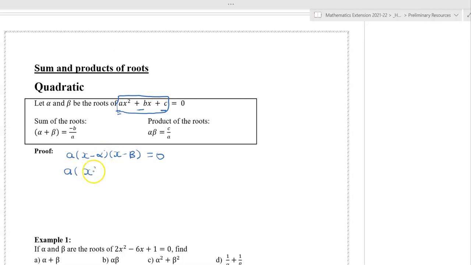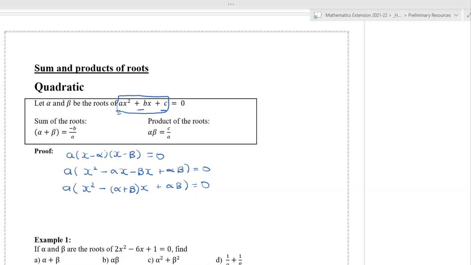So we've got x squared minus alpha x, I'll do it the long way, minus beta x plus alpha beta. And so I have a x squared minus alpha plus beta x plus alpha beta equals naught.